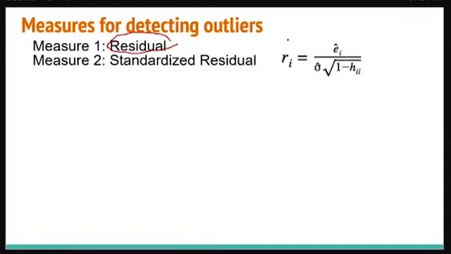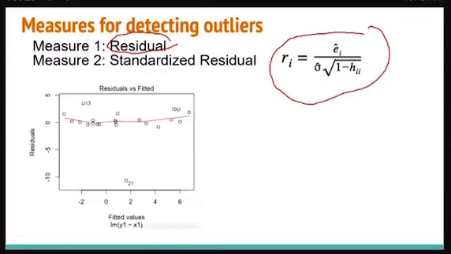If you take a look at this, the error e-hat is the distance y minus y-hat. Sigma-hat is the estimated standard error that I showed you in the output the other time. What is h_ii? You remember I showed you h_ii today, right? That is another way to detect an outlier.